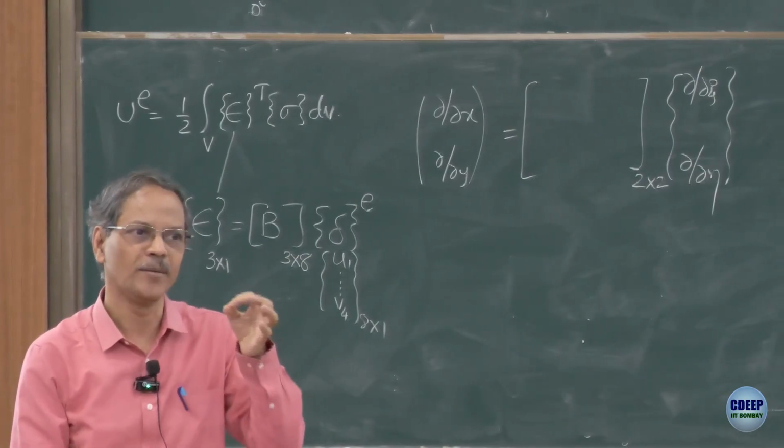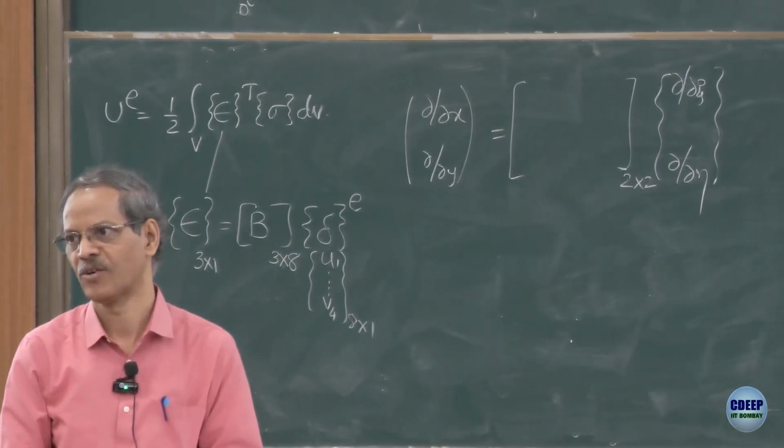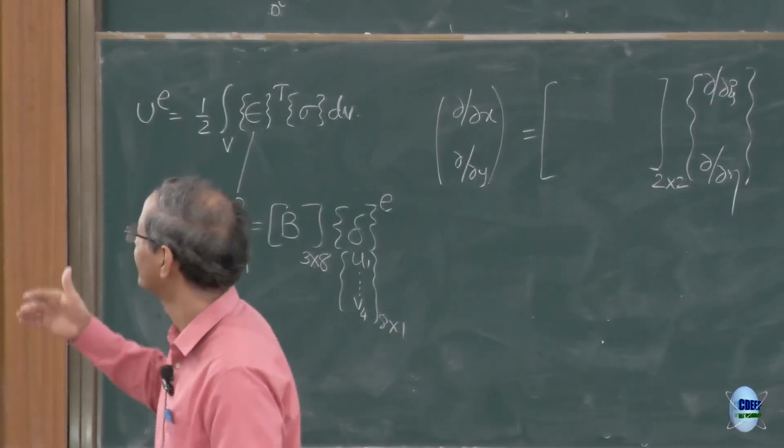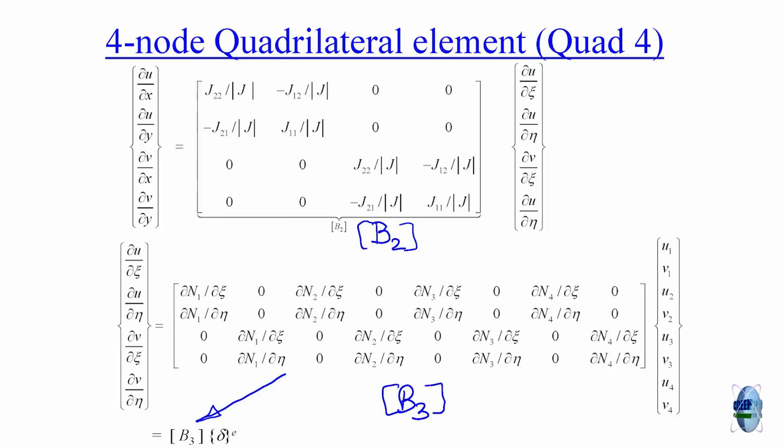So, I would call that B2 matrix. Okay. And then finally, the right hand side dou by dou zeta, dou by dou eta are interpolated through the derivatives of the shape functions from the nodal displacements, because displacement at any point is N into delta. So, the derivatives of that will give me the derivatives that I need. So, this is going to be the B3 matrix.